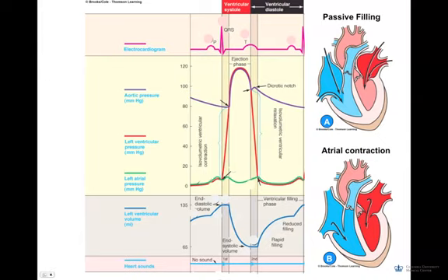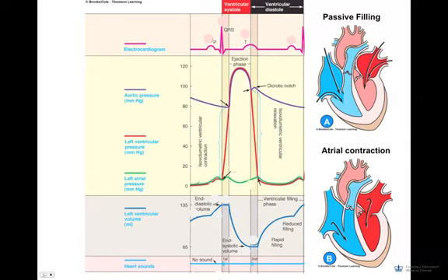And when they do, that's what this arrow is pointing to, the point at which those AV valves open up, because ventricular pressure has fallen below atrial pressure. When it does, you get a passive rush of blood into those ventricles. And you can see in the left ventricular volume this passive rush of blood in.